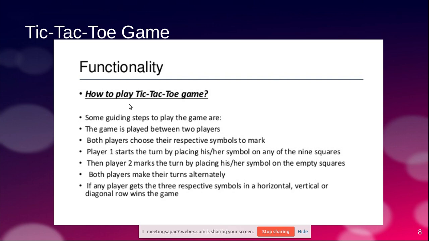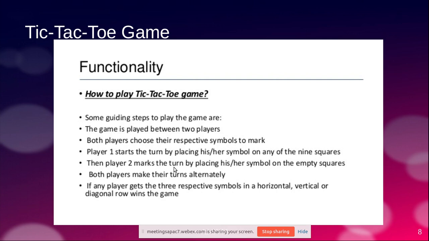So let us now officially define the rules for the tic-tac-toe game. Some guidelines: the game is played between two players, both may be human, or one may be human, the other may be a computer. Both players choose their respective symbols to mark. One may use a cross, the other one will use a knot. Player 1 will start the turn by placing his or her symbol on any of the 9 squares.